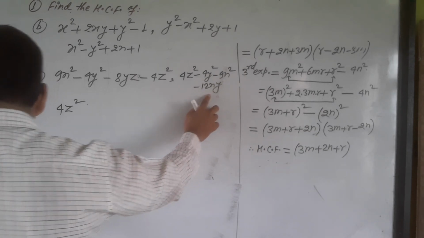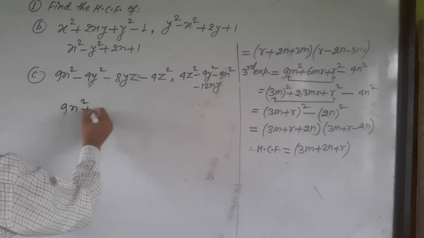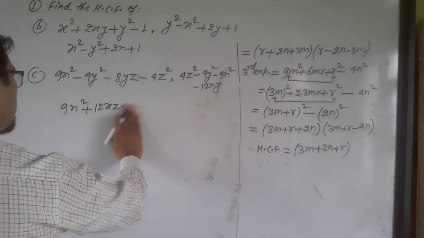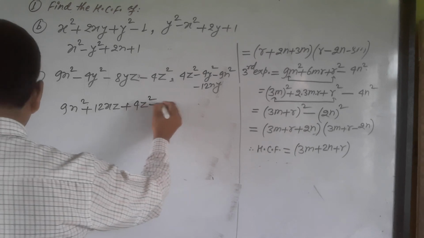And the next expression is 9x square plus 12xy plus 4z square minus 4y square.